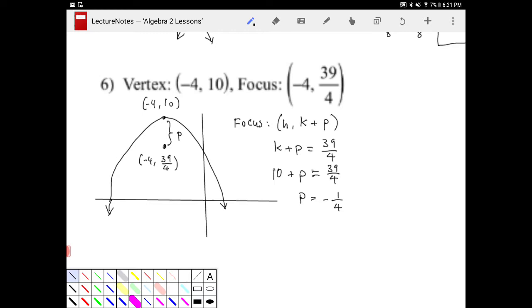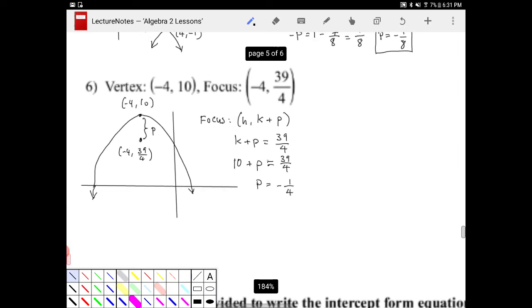So if p is equal to -1/4, and I'm writing this in vertex form, it has the same format as y = a(x - h)² + k. I substitute in h and k.